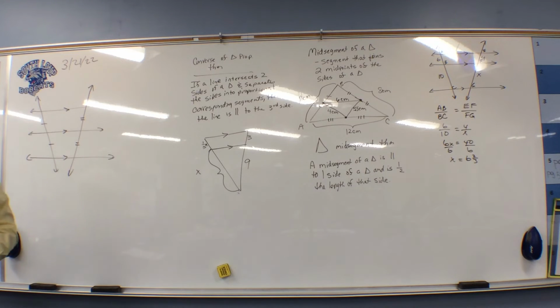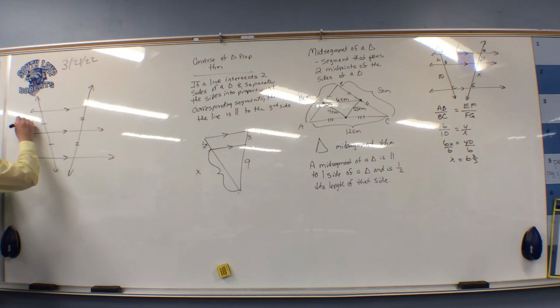All right, for example, I don't know if you'll have one that hard, but let's say that this is 6x minus 5, and this is 4x plus 3.